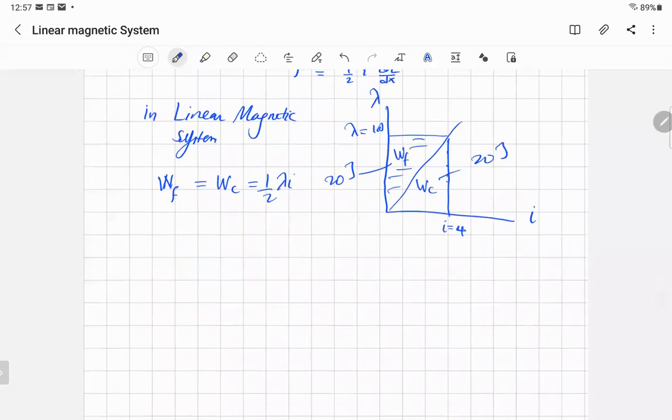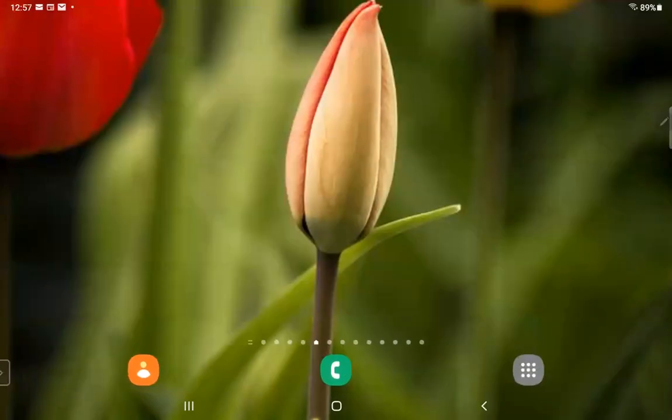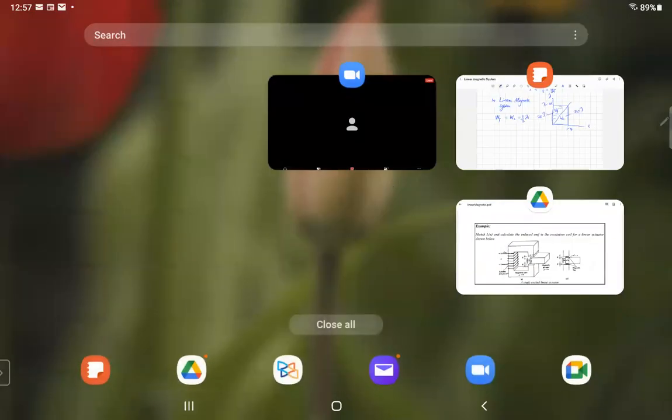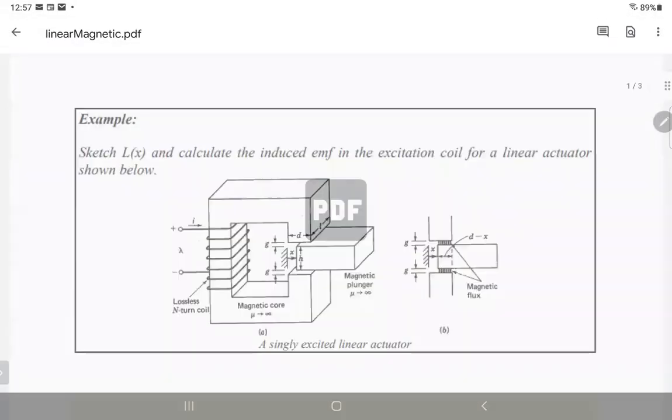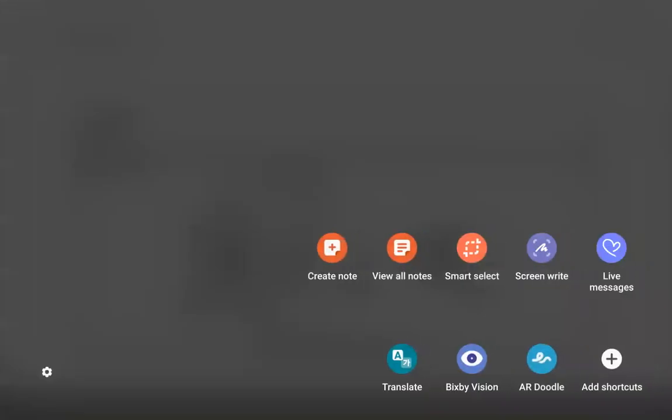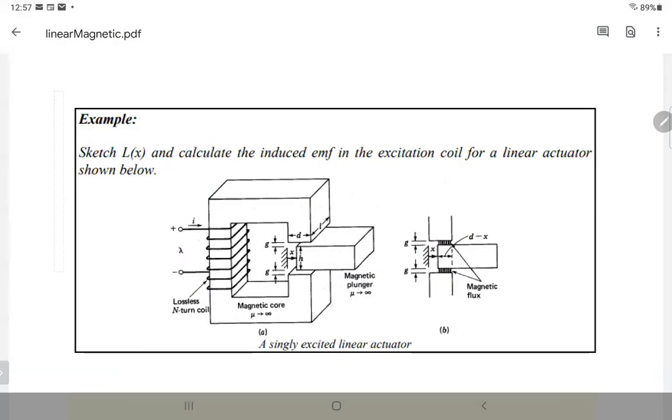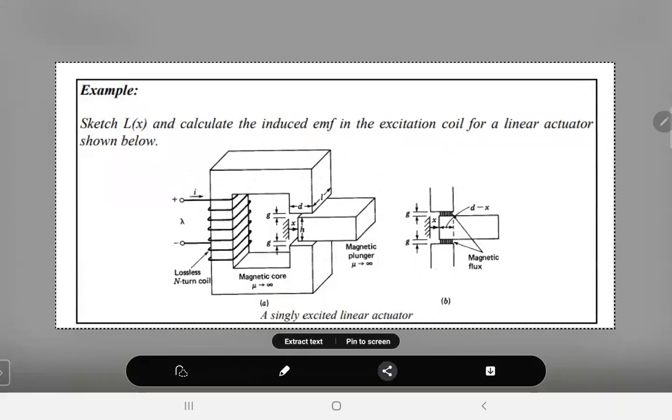Let me take one example for what we did. I hope we can do two examples, because there's one here that doesn't include force, but it's important to understand.